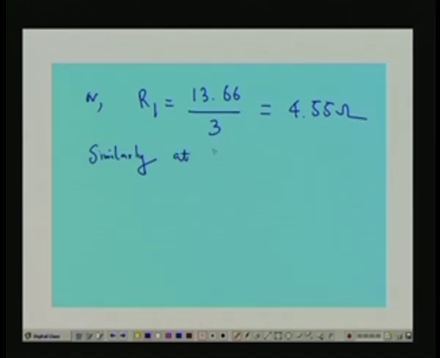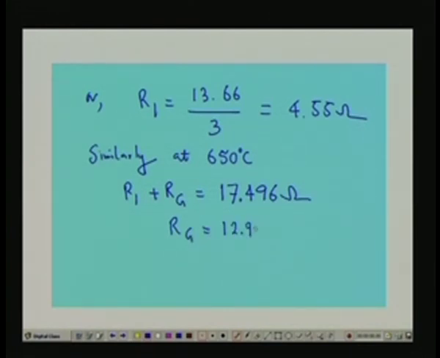Similarly, at 650 degree centigrade, R1 plus Rg is equal to 17.496 ohm. So Rg will become 12.95 ohm.